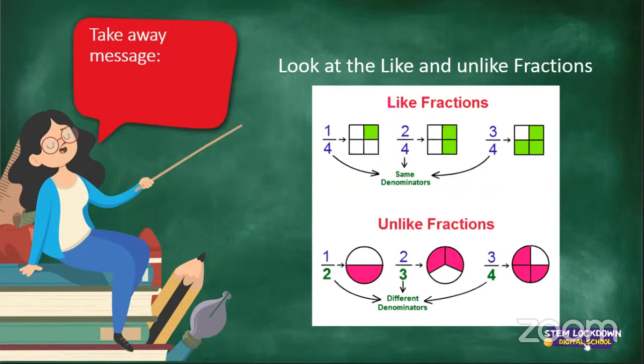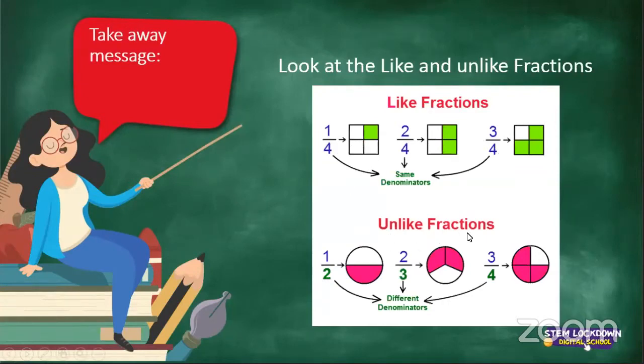So our fraction will be 3 over 4. So here we have the same denominators. We have 4, 4, 4. When you have the same denominator, it makes those fractions like fractions.